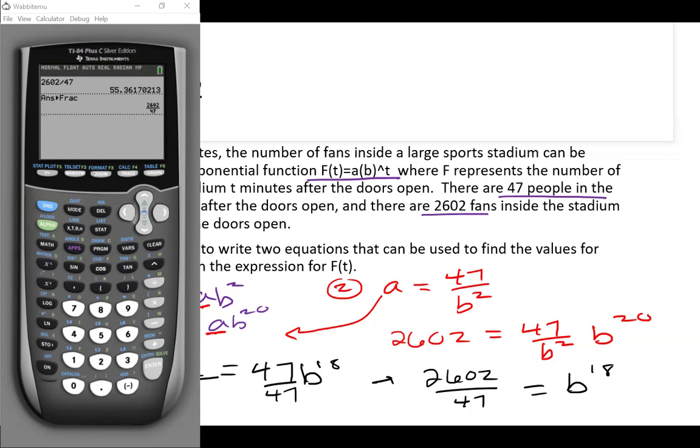How do I cancel out a power? You can take the root, or there's another option. It involves multiplying. We're going to multiply by the reciprocal.